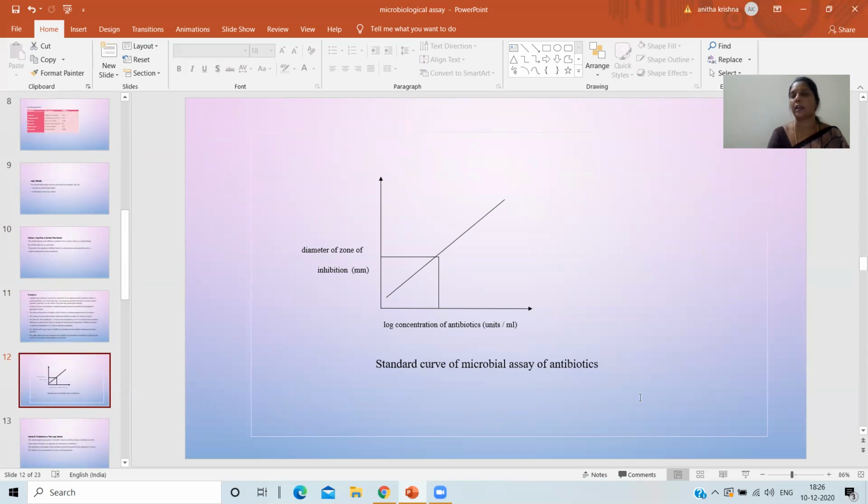So this is how you plot the graph: diameter of zone of inhibition, the values you have measured from the zone of inhibition, against the log concentration of the antibiotic in units per ml. Then plot a graph, and you can get the concentration of the unknown sample solution.